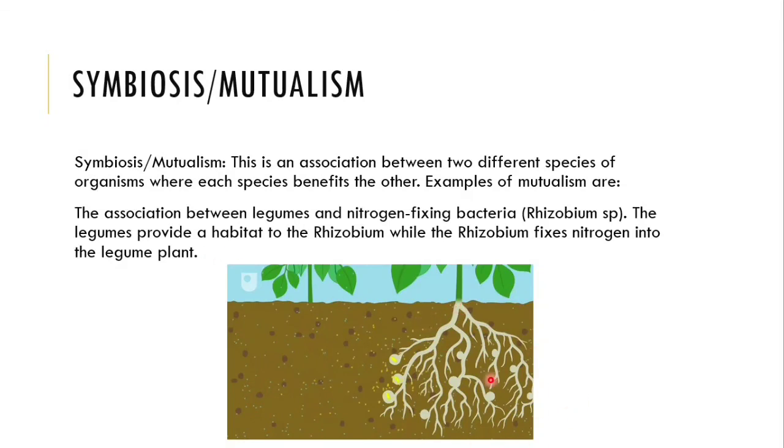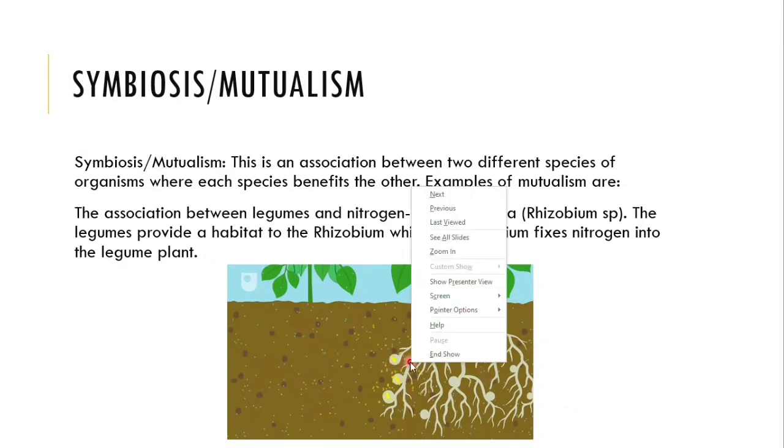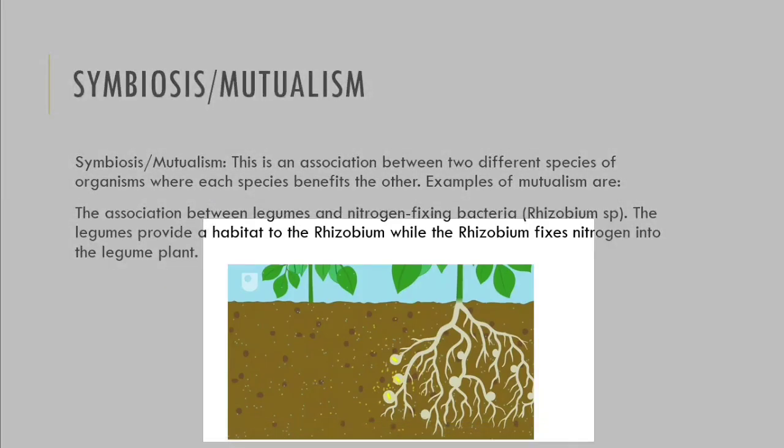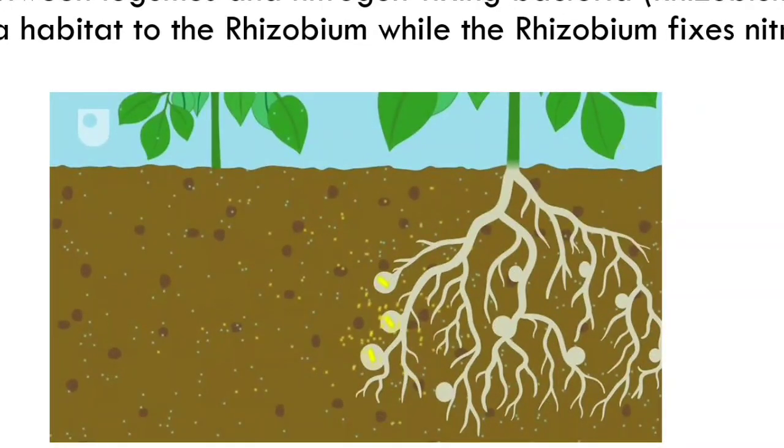If you look at this plant, these round structures, let me try to zoom in, these are the nodules of the legume, providing a place for the rhizobium to stay. Rhizobium is an example of a nitrogen fixing bacteria.